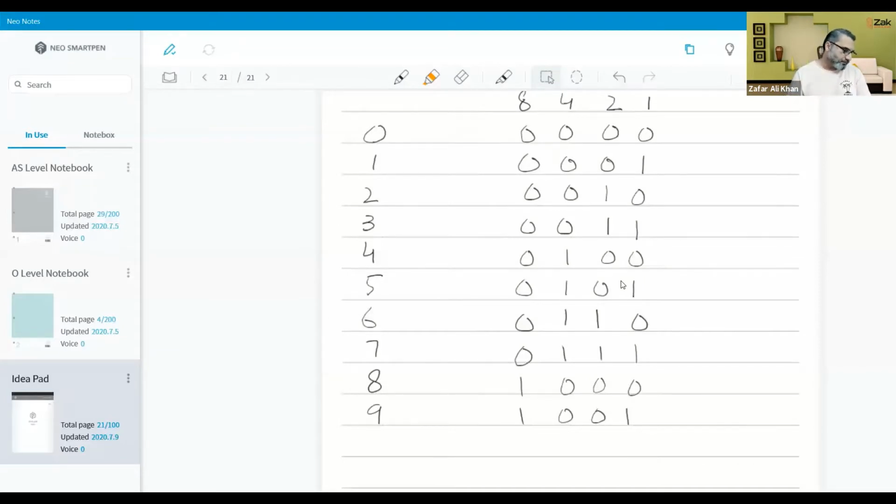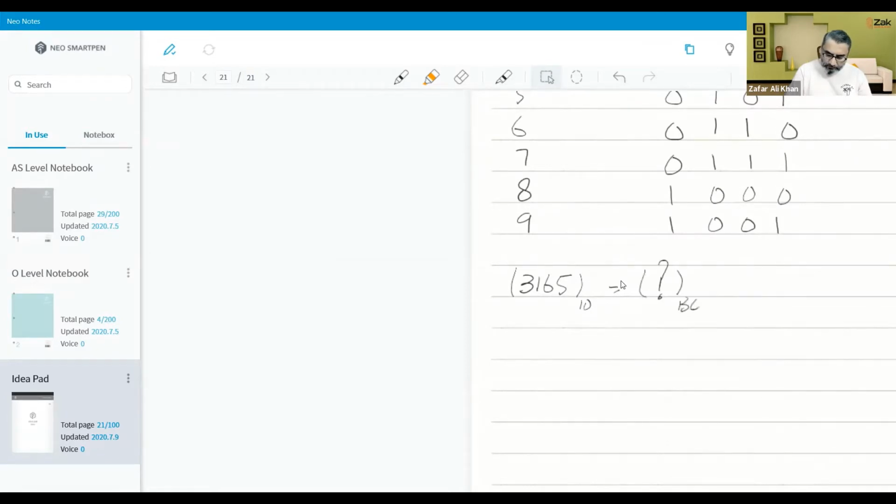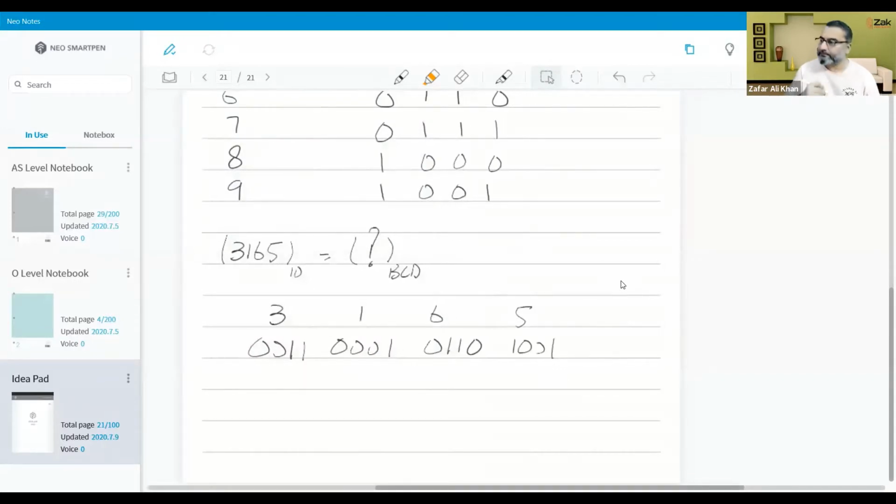Let's see. Let's say I have got a number 3165 and I am asked to convert this number to its BCD form, binary coded decimal form. So what I would do, I will take 3, I'll make 3, I'll take 1, I'll make 1, then 6, then 6, and then 5, then 5.